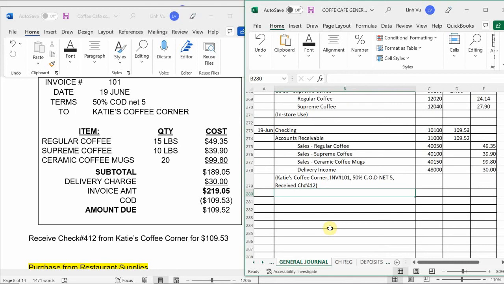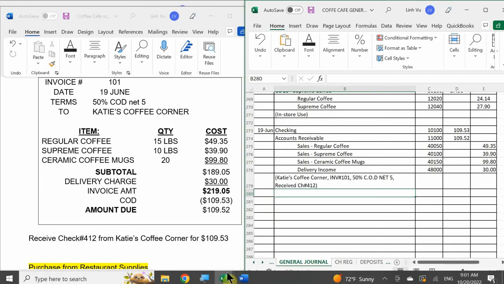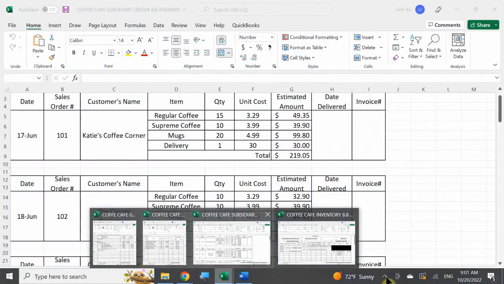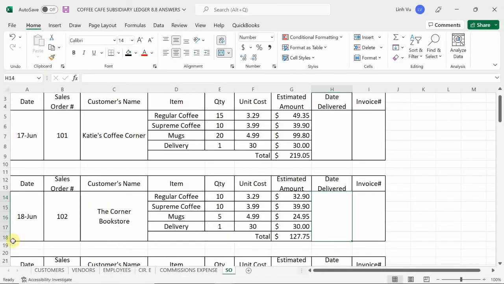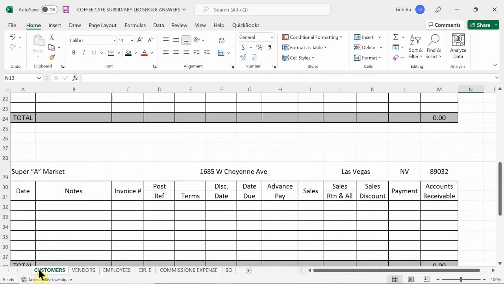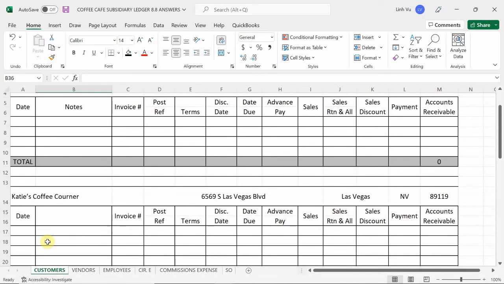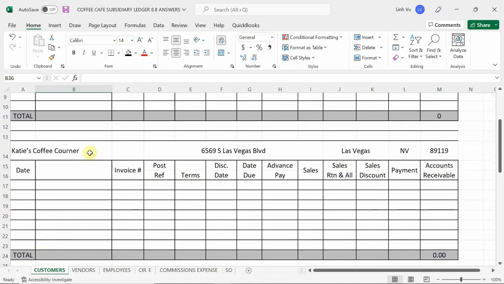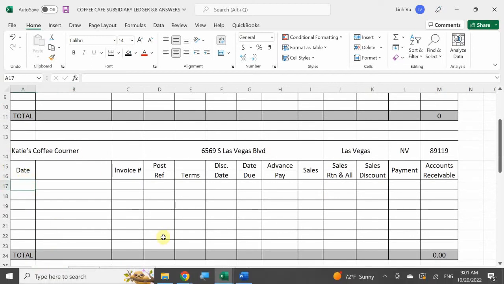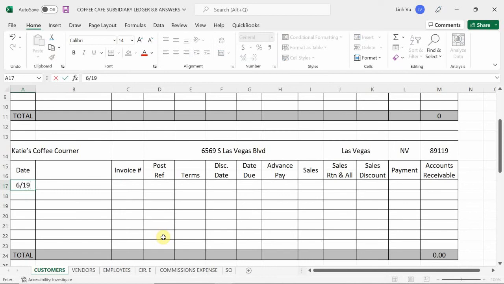We're going to go to Katie's Corner in her ledger, the subsidiary ledger under customers. KD right here. All right, so how am I going to fill this out? The 18th. Today's the 19th. The invoice number.